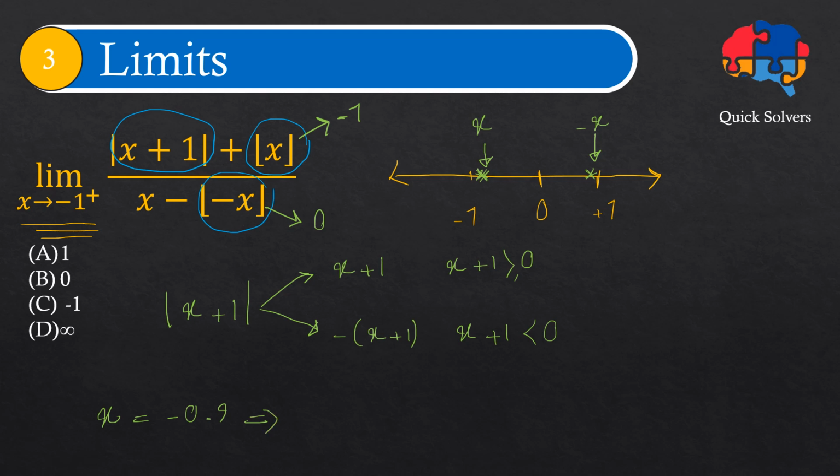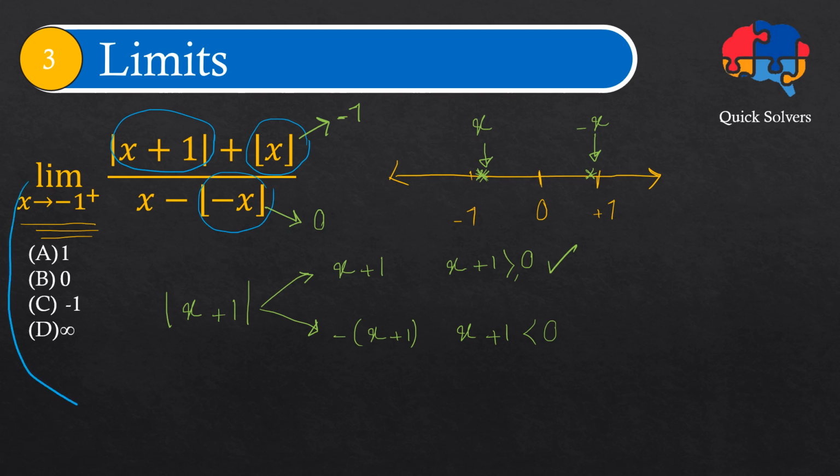Then from this, I can conclude that x plus 1 is something close to minus 0.9 plus 1, and it's something like 0.1, or to be exact, something like 0.00001. But whatever it is, it is larger than 0. It is a positive number, okay? That means this is the case. That means I can replace the absolute value of x plus 1 by x plus 1 itself, okay? Now I can rewrite the function and find the limit, okay?